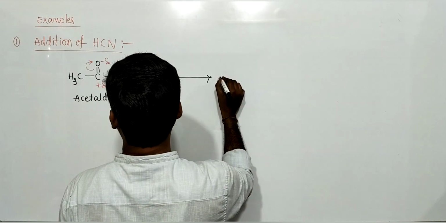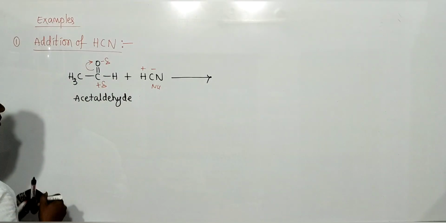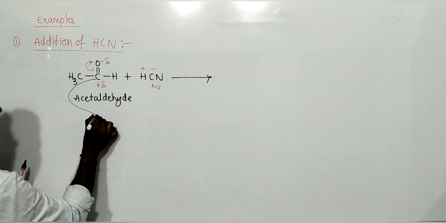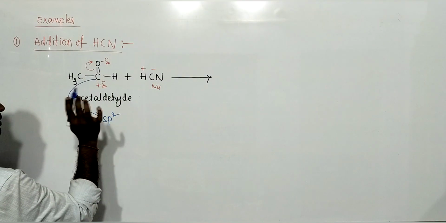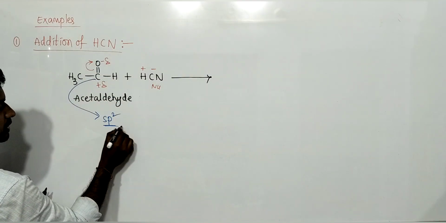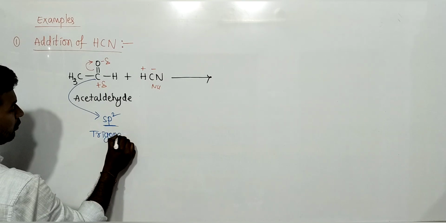Moreover, we have to remember this is an sp2 carbon: sigma, sigma, sigma, pi. 3 sigma bonds are there, so this is an sp2 carbon. Shape is trigonal planar.